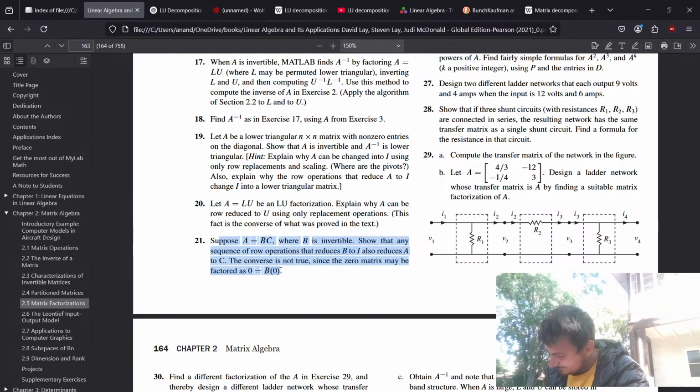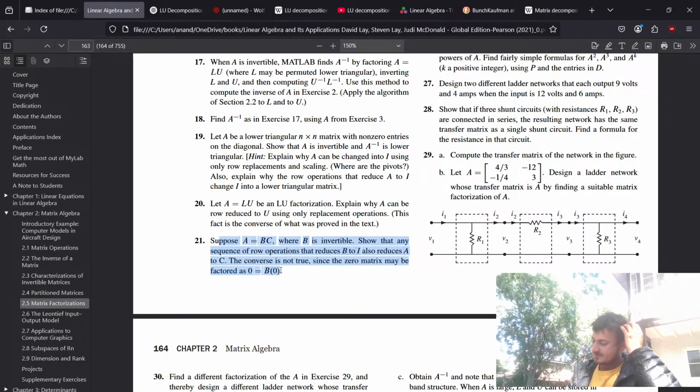Okay, so let B inverse equal the row ops.